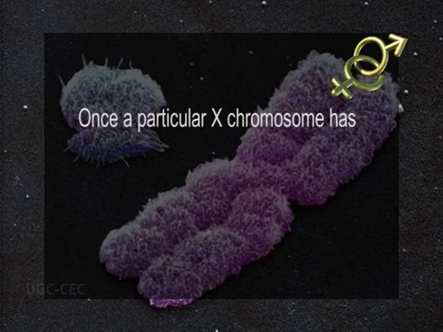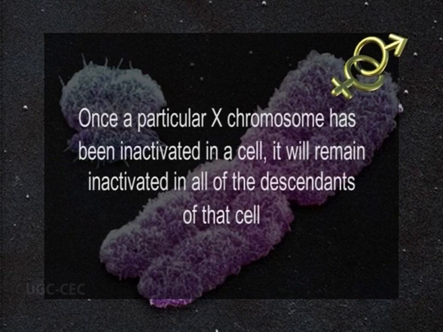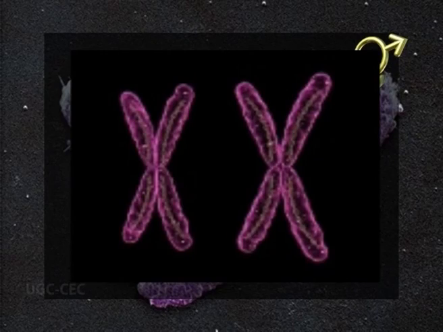Once a particular X chromosome has been inactivated in a cell, it will remain inactivated in all of the descendants of that cell. If a female mammal has different forms or alleles of a particular gene on each of her 2 X chromosomes, then about half of her cells will express one of the alleles and about half the other allele.